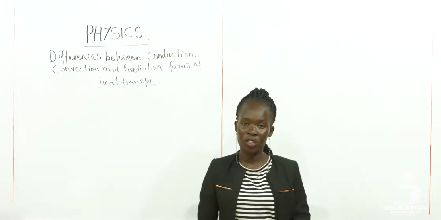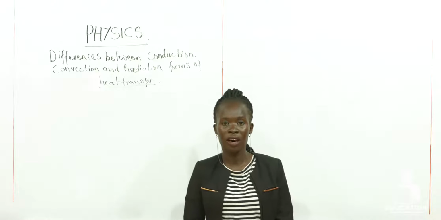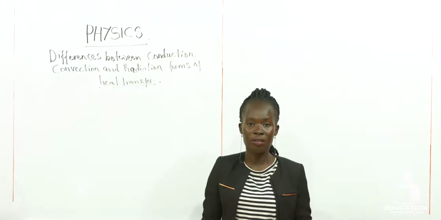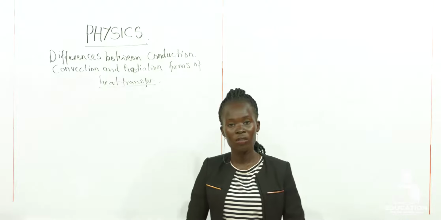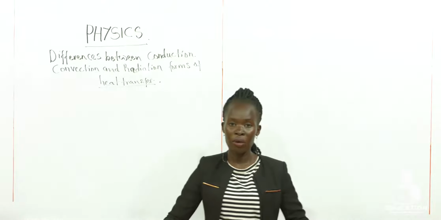But in convection, the form of heat transfer is a bit faster. Why? Because the molecules are spaced. Molecules in liquids are always spaced. They move about the liquid.